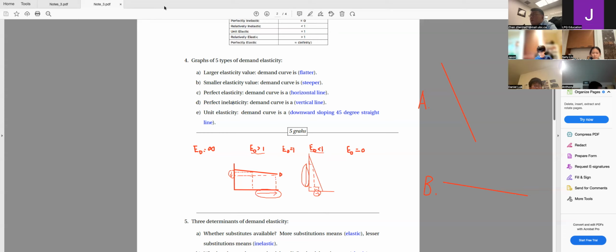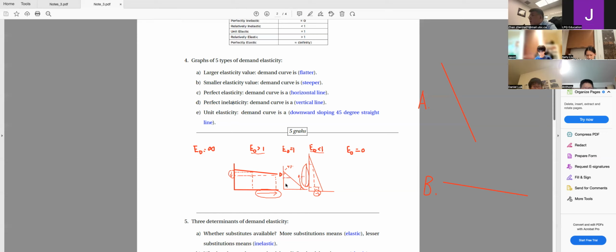What about the graph in the middle? How do I draw a unit elasticity demand curve? This one should be a downward sloping 45-degree line. What do I mean by a 45-degree line? Both these two angles here are 45 degrees.